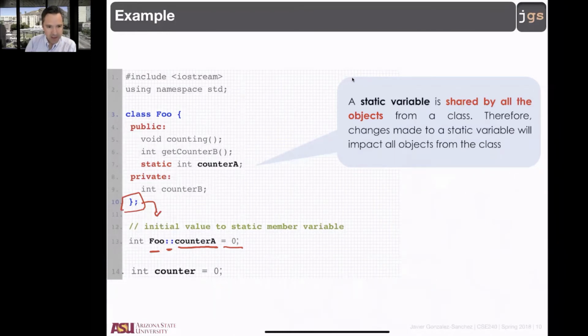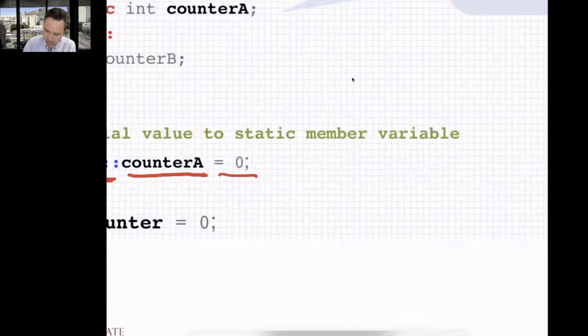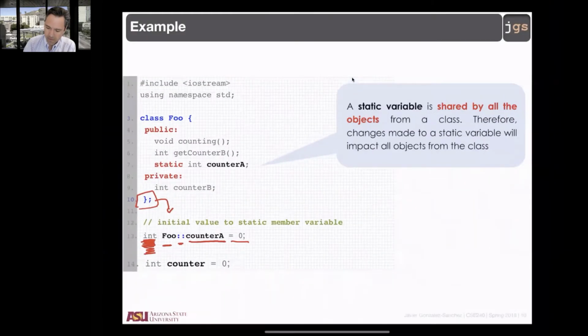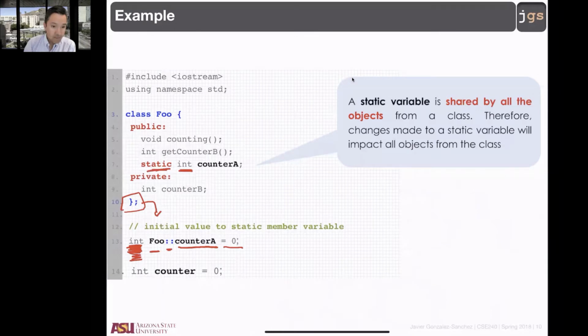Moreover, and this is tricky, mandatory, you need to put the type of the variable again. But that looks like I am creating a declaration for the second time. Yes, that is the way that it works. The only thing that you do not do is to put the static again.